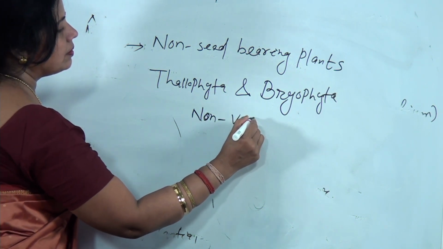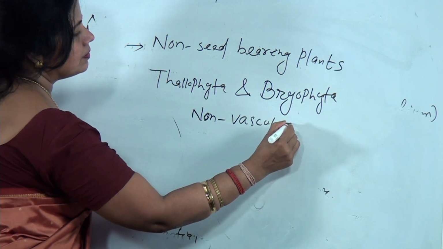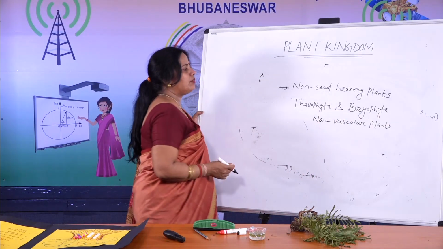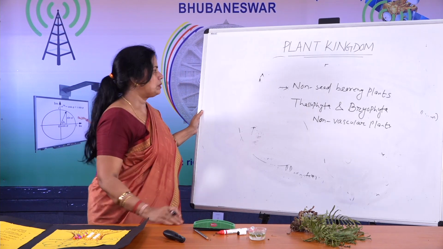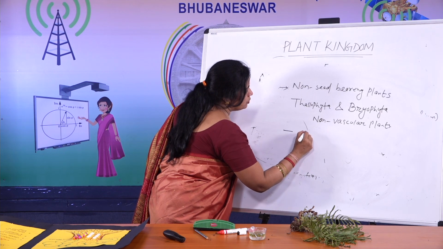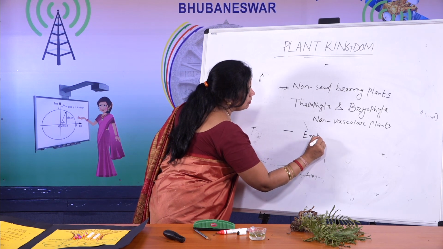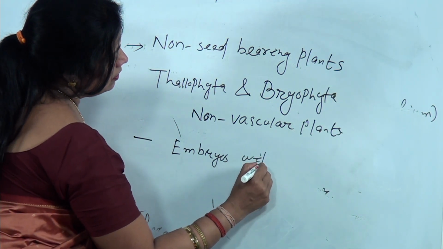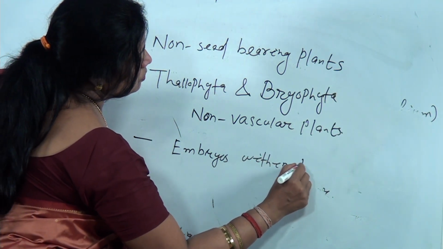Non-vascular. Okay? And the third one, Pteridophyta, is a vascular plant. So, they have the embryos within the spores.